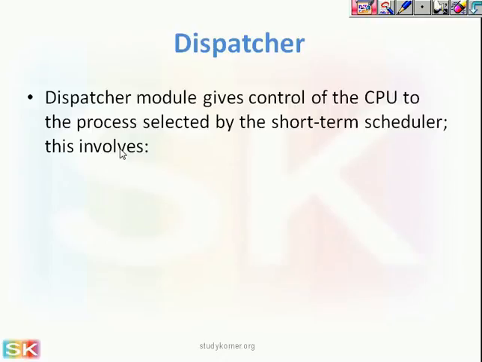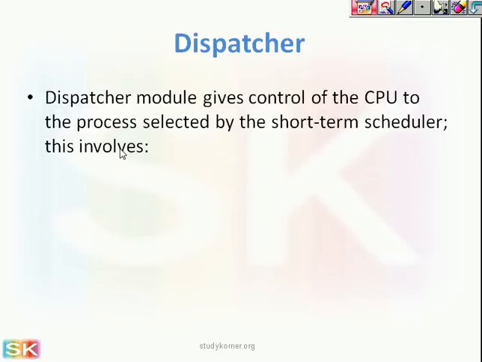So a dispatcher is like this: CPU scheduler selects a process from the main memory, that which process has to be executed next. Say in the main memory we have 3 processes P1, P2, P3.